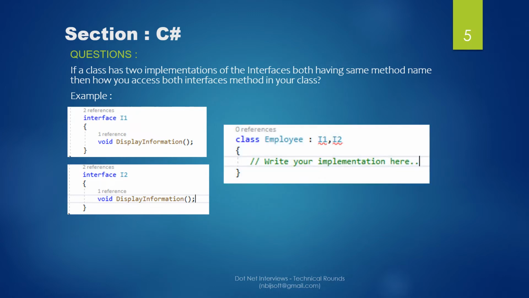We are implementing I1 and I2 in our employee class, our child class. Now when you implement I1 and I2 in employee, we have to override the code. Since I1 and I2 have the same function name, which method gets called, whether it is for I1 or I2? So let's discuss the answer.